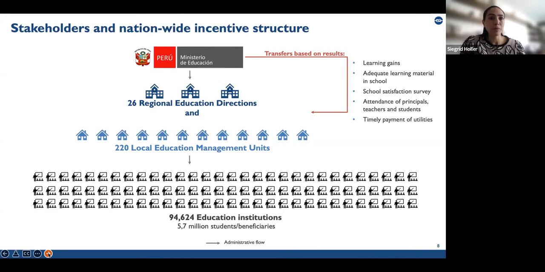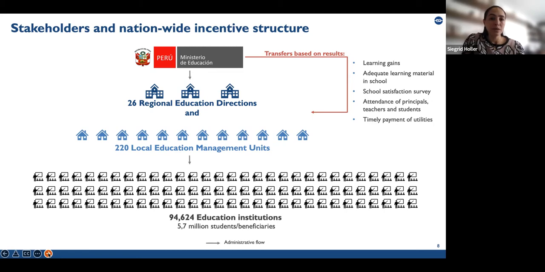So we also helped the government increase the quality of the verification mechanisms that they use, and also in setting targets, which is quite complex in an environment where you have such a high heterogeneity of results, right? As you can imagine, from the large capital with a high capacity and large amount of resources to small units in very isolated areas. So setting targets is also a big challenge in this type of context.